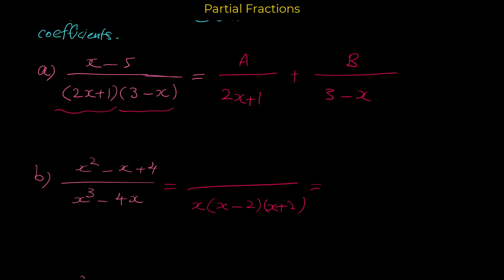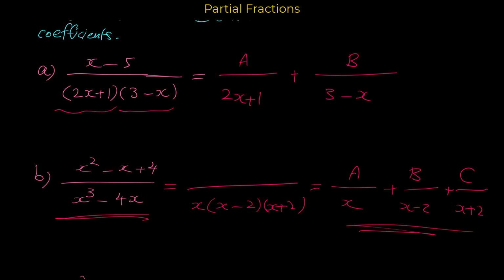So the denominator is basically three factors: x, x minus 2, and x plus 2. And in the numerators we put the unknowns a, b, c. So this is the form of the partial fraction decomposition for this fraction, x squared minus x plus 4.